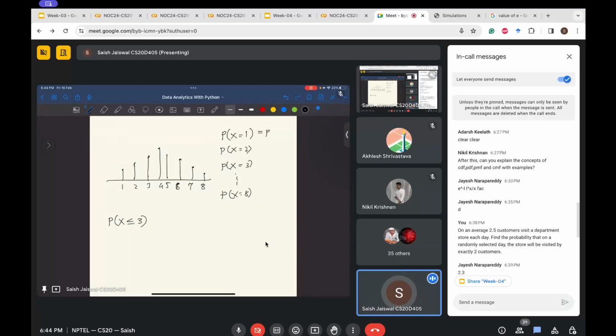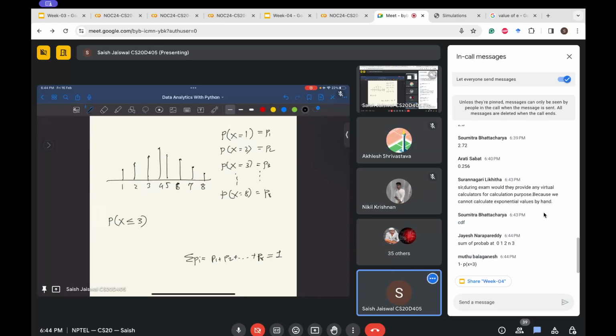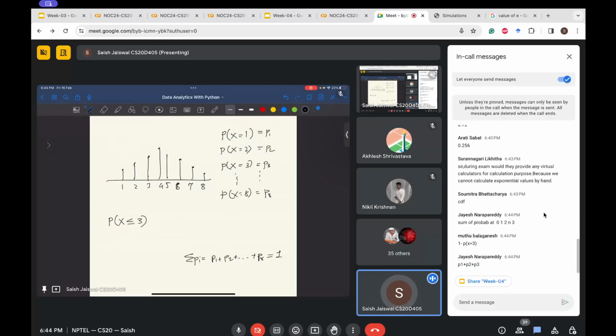Say I am having these values p1, p2, p3 and so on up to p8, and summation pi, that is p1 plus p2 plus p3 up to p8, is 1. What is the probability of x less than equal to 3? Okay, so people are answering probability at 0, 1, 2 and 3.